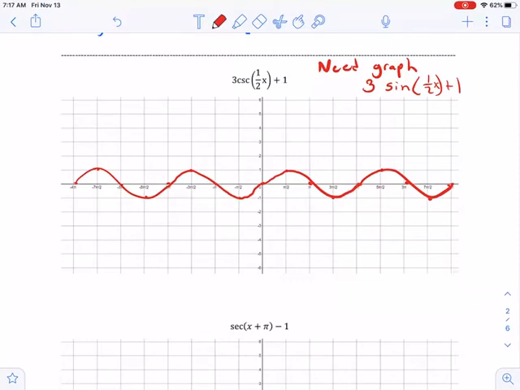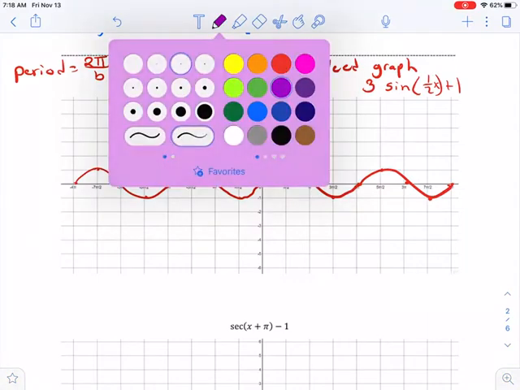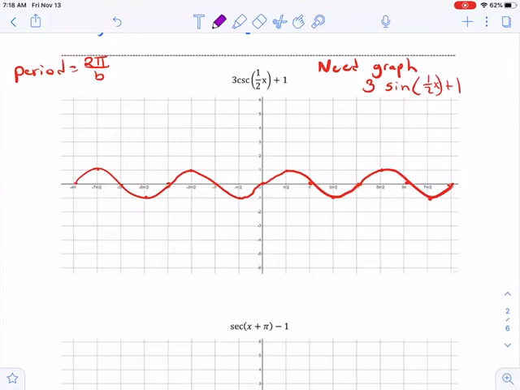All right, so 3 sine half x plus 1. My period is now going to be 4 pi, because it used to be 2 pi. And again, we've got that relationship where period for sine and cosine is 2 pi over b. So 2 pi divided by a half is going to give me 4 pi. So I'm stretching this graph out. I'm moving it up, and it's going to be multiplied by 3. I might just try to do 2 of those for right now, the period change and the amplitude.